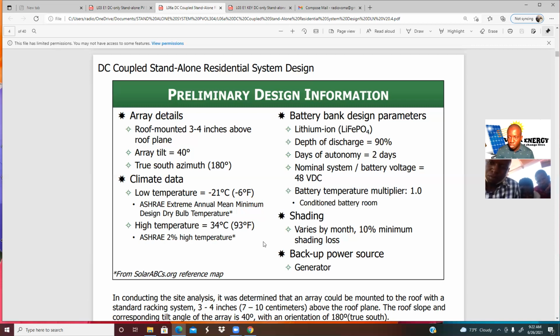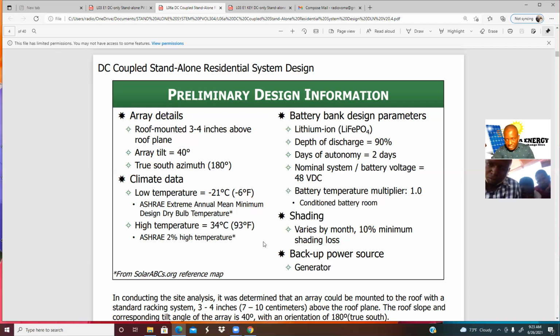So you have to know the nominal voltage of your system, how many volt system you are actually designing. For example, if your PV array, which is your solar panel, is 24 volts, then you have to consider that when it comes to your inverter and the battery and other components. You have to understand that. The battery temperature multiplier is 1.0.